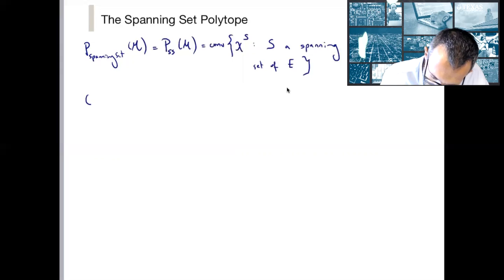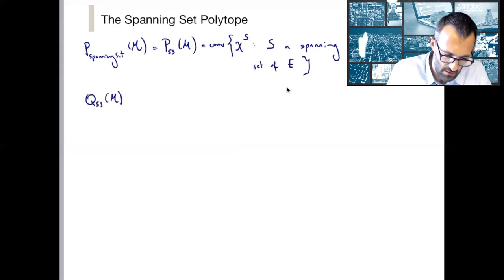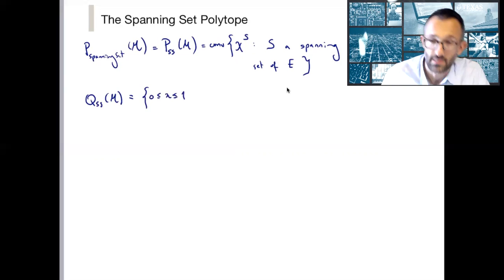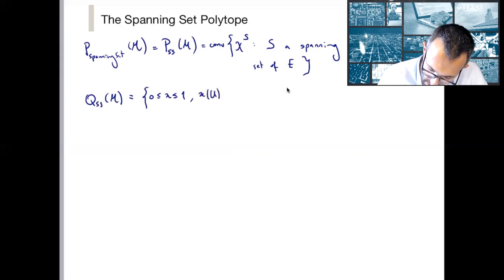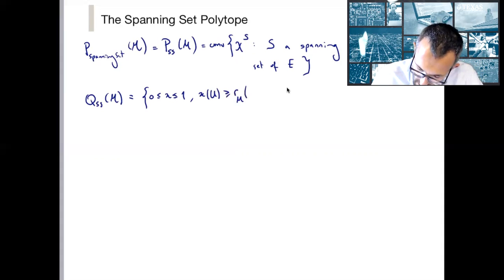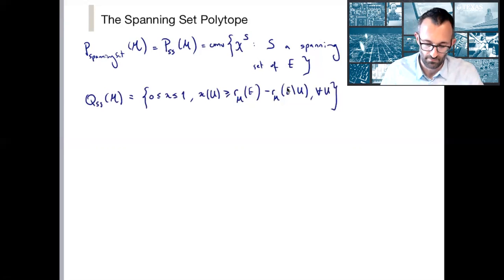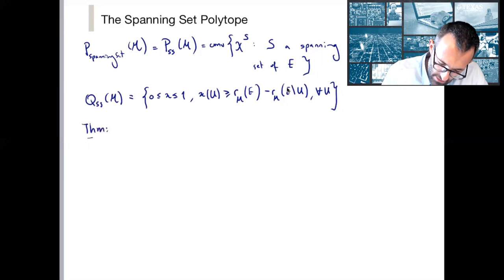And then let me define Q_SS to be equal to all vectors x that are component-wise between 0 and 1, and x of U is greater than or equal to the rank in M of E minus the rank of E minus U, and this holds for every subset U. So the theorem is that these two are in fact equal.